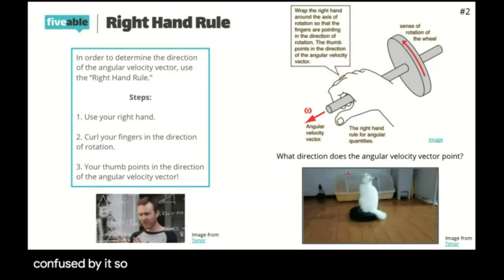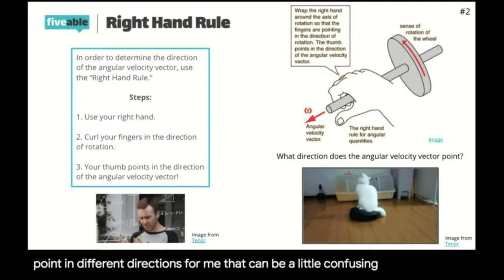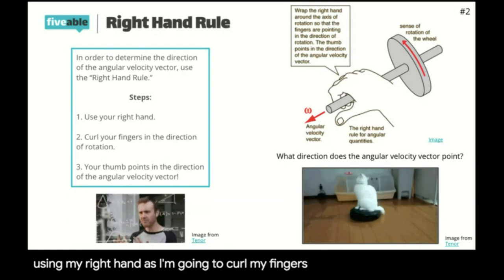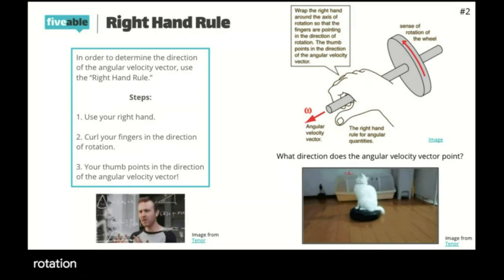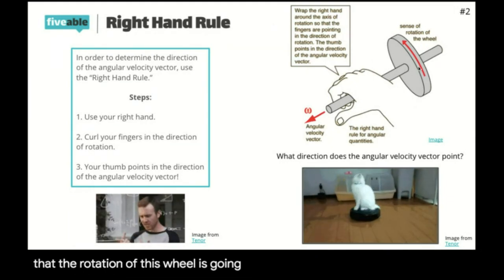So first step is to use your right hand, and that can be a challenge in itself, so just remember which one's your right hand. Some folks like to do the three-fingered one, and they point in different directions. For me, that can be a little confusing. So all I think about when I'm using my right hand is that I'm going to curl my fingers in the direction of the rotation. If we're looking at this picture up here at top right, we can see that the rotation of this wheel is going up like this.